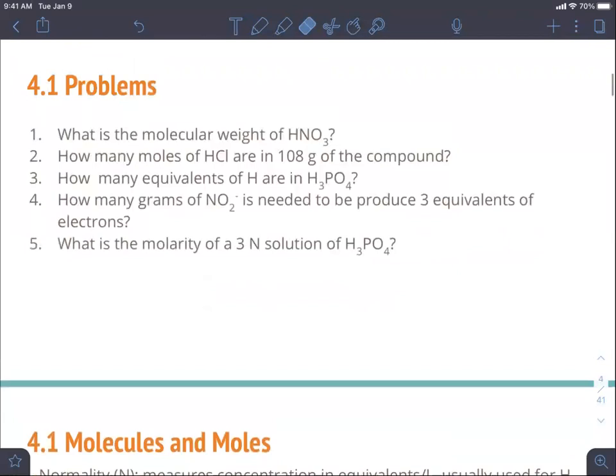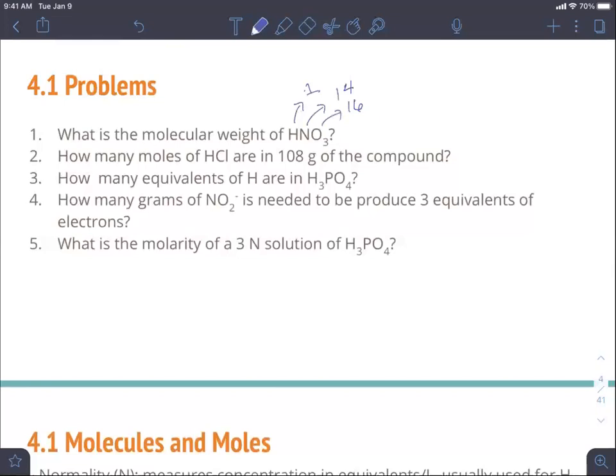Okay, so what is the molecular weight of nitric acid? So hydrogen is 1. It's actually 1.008, but you don't really need to know that detail, especially since we don't have calculators. And then nitrogen is about 14 and oxygen is about 16.